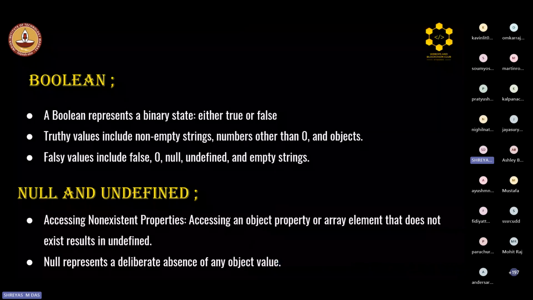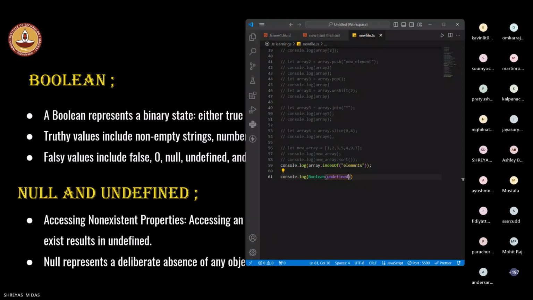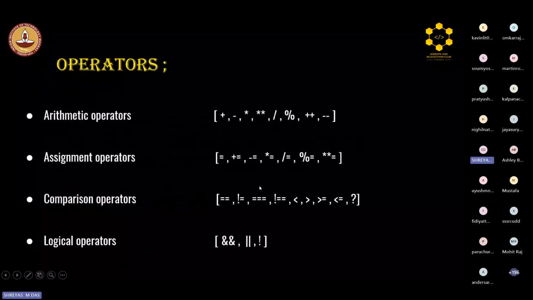In that case, it will show undefined. When you try to program on a null thing, it will show undefined. Okay. Am I clear on this? And next we'll go to the operators.